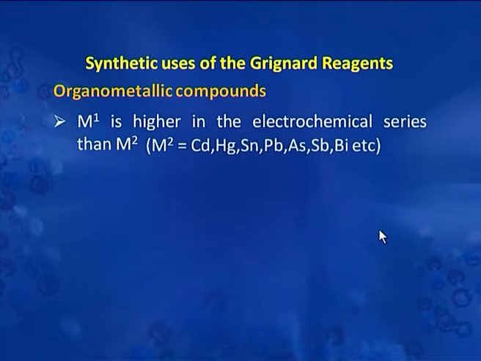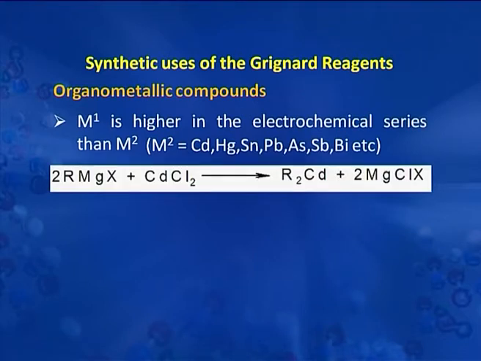In that case, M1 is higher in the electrochemical series than M2. In the case of Grignard reagent, M2 may be cadmium, mercury, tin, lead, arsenic, antimony and bismuth, etc.